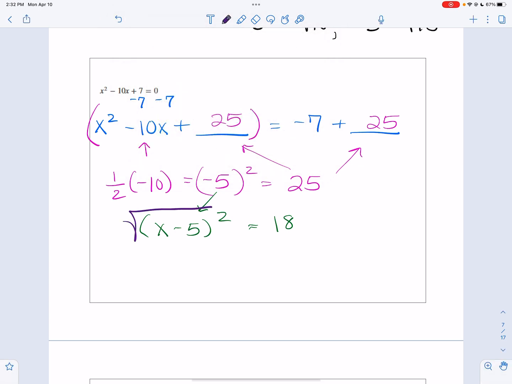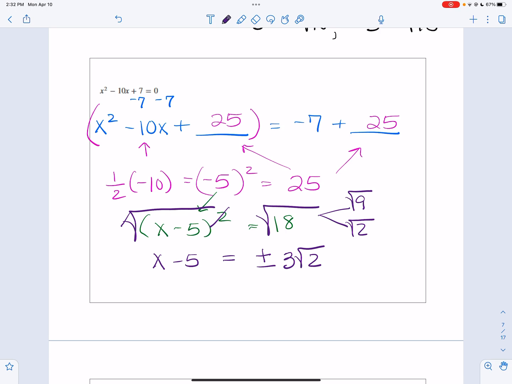So take the square root of both sides. This cancels. X minus 5 equals plus or minus, and now I'm going to simplify as I go. So 9 times 2, the square root of 9 is 3, and the square root of 2 stays in the radical.